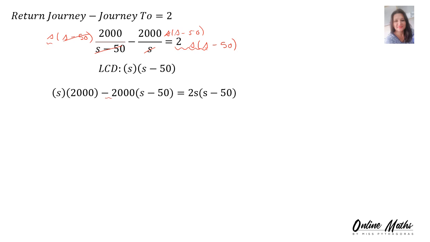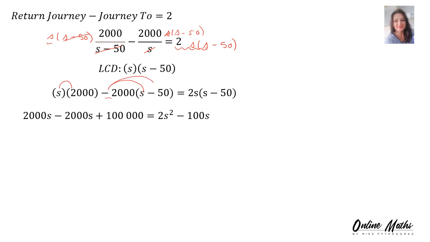Now, in the next step, I'm going to get rid of the brackets. So s times 2000 is 2000s. And then on the second term, I'm going to multiply in the negative 2000. So it becomes negative 2000s.